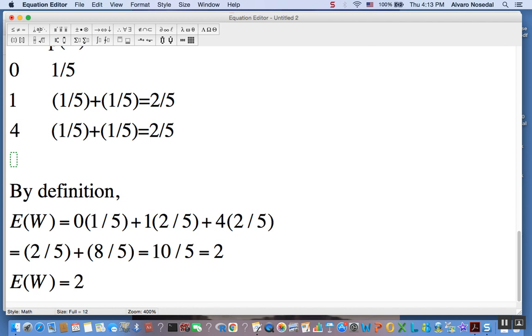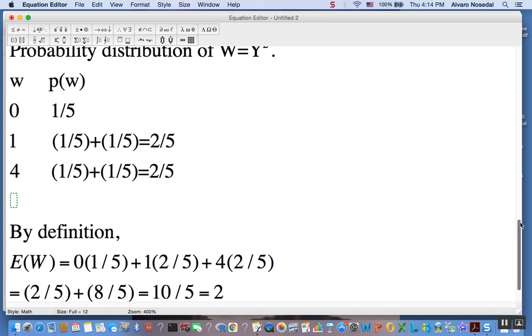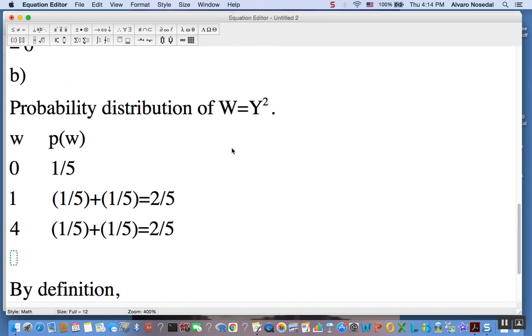Now, let's explore a different route. Instead of finding the probability distribution of W and then applying the definition of expected value, we would like to use the probability distribution of the original variable Y to find the expected value of W. Is there a way of skipping this step in the process?